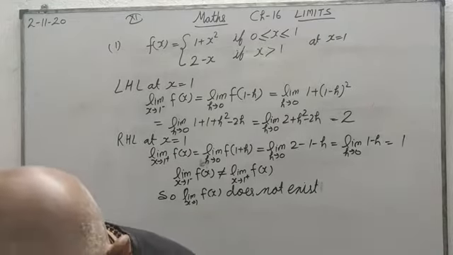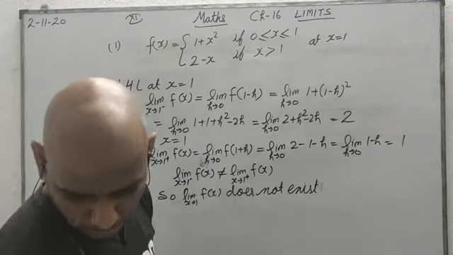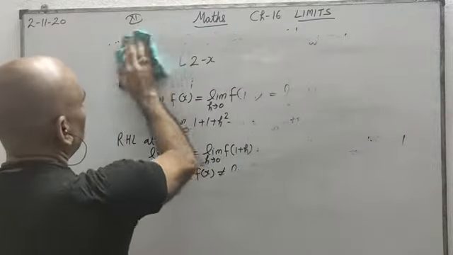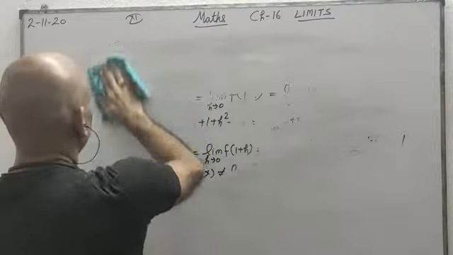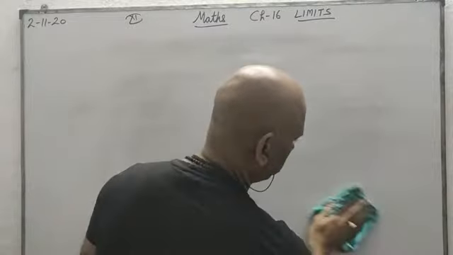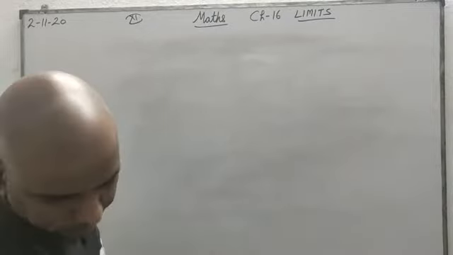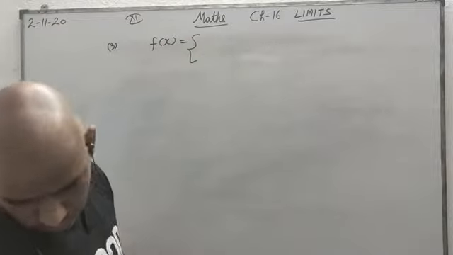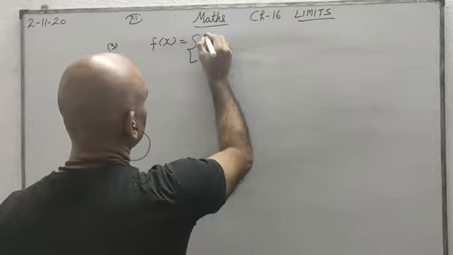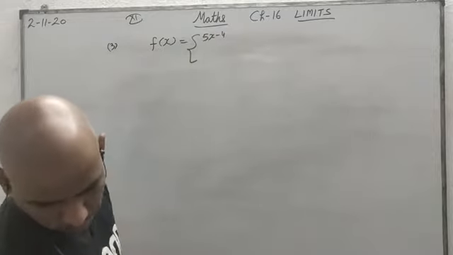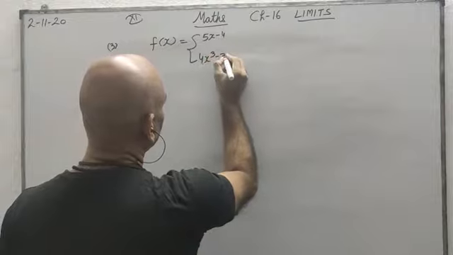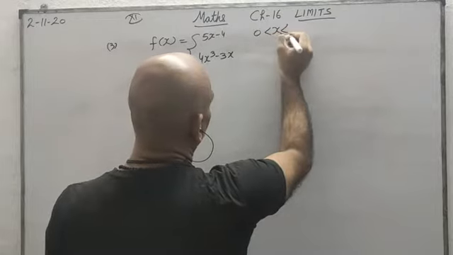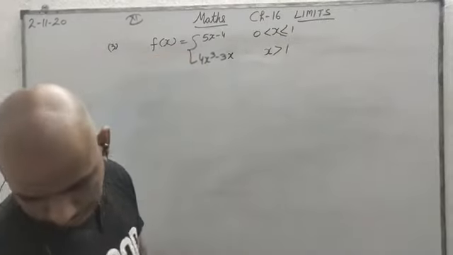Let us see question number 3. Same way it is, nothing new. What it is saying, f(x) is equal to 5x minus 4 and 4x cube minus 3x when x is between 0 and 1 and when x is more than 1.